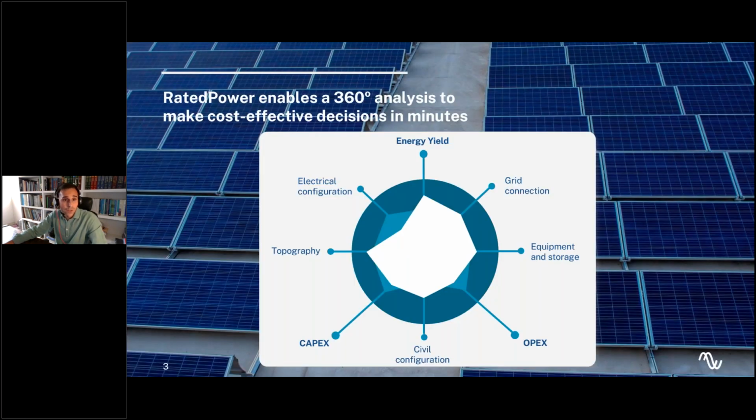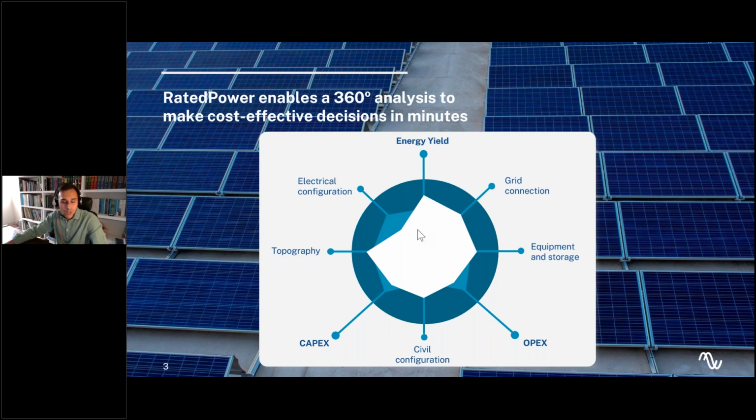With the software, we enable the user to have a 360 analysis to make cost-effective decisions in minutes regarding different topics that come into play in the PV plant design process, which could be the energy yield, grid connection, OPEX, civil configuration, equipment, topography, or electrical configuration.